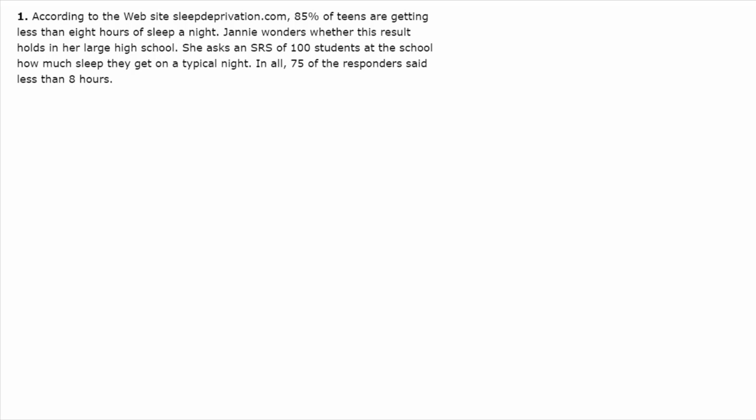So for our parameter here, we're going to be talking about a proportion, right? Because we're looking at 85%, and we're taking 100 students, 75 of them said they get less than 8 hours.